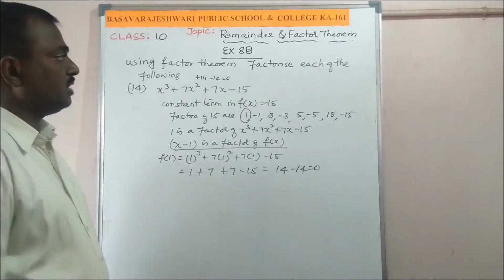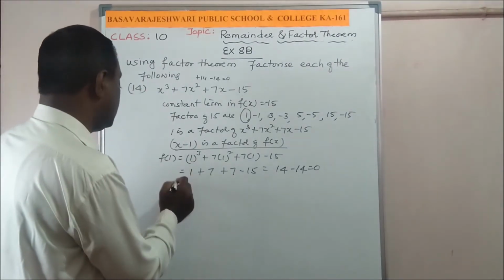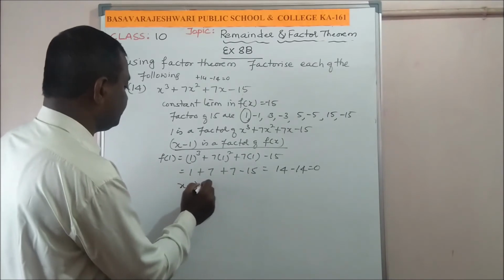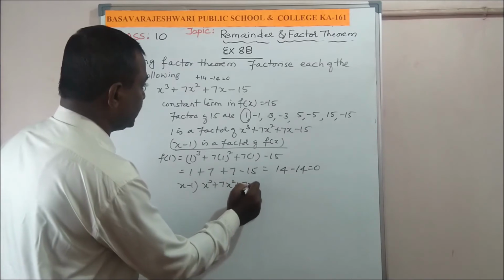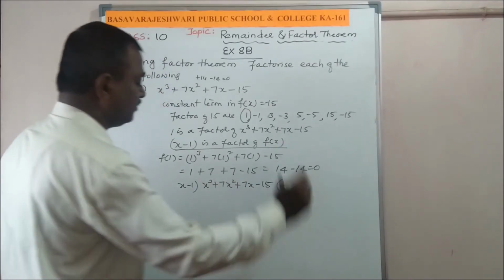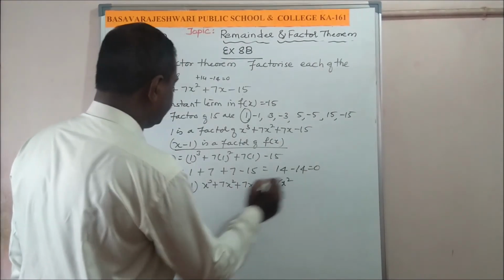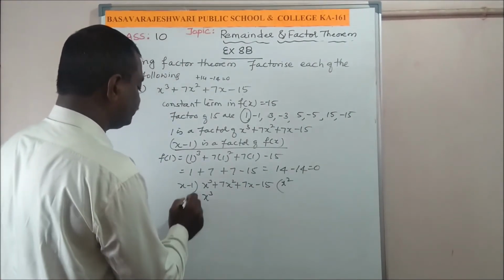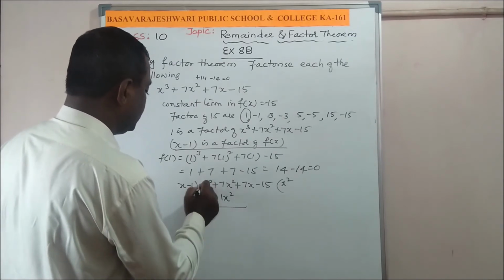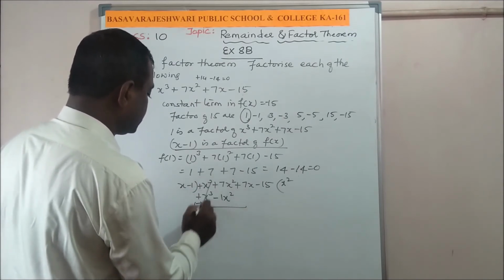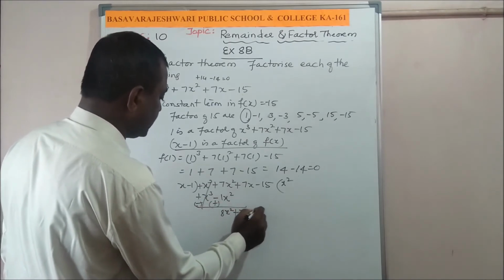Correct? Now we have to factorize completely. So what we did in the previous sum, like that one. So x minus 1 divides x cube plus 7x square plus 7x minus 15. x square, x cube minus x square, plus minus cancels, plus 8x square plus 7x minus 15.